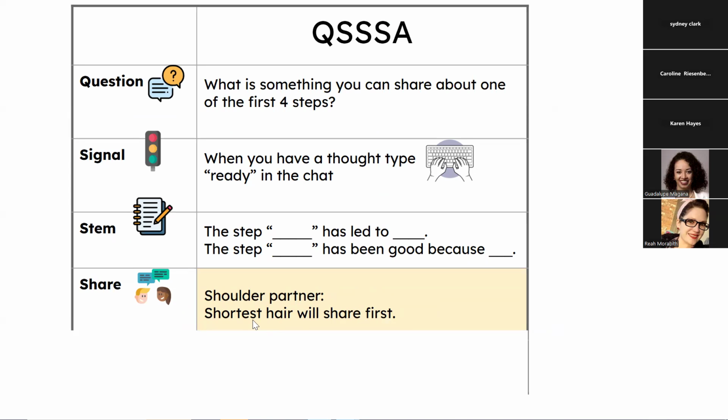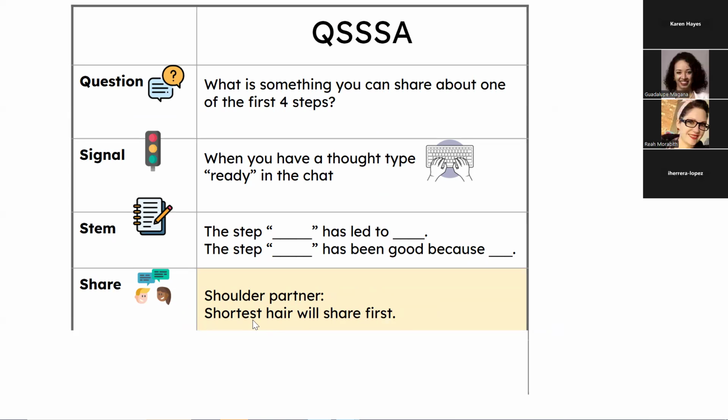They are ready. If you click on breakout rooms, you should be able to go there. I'm going to go.